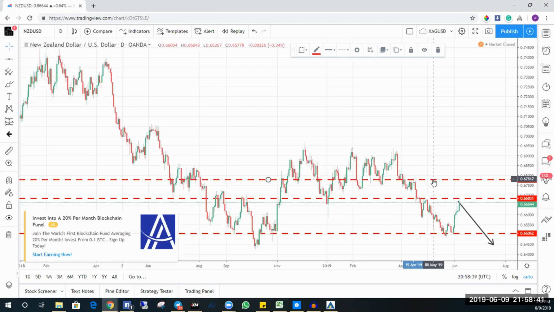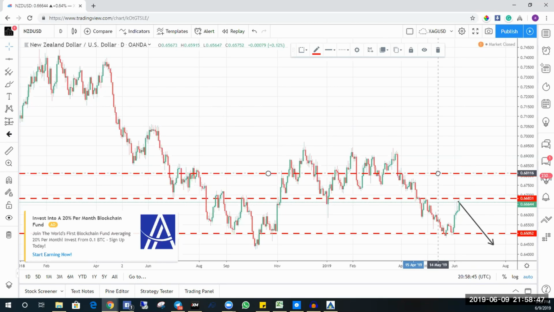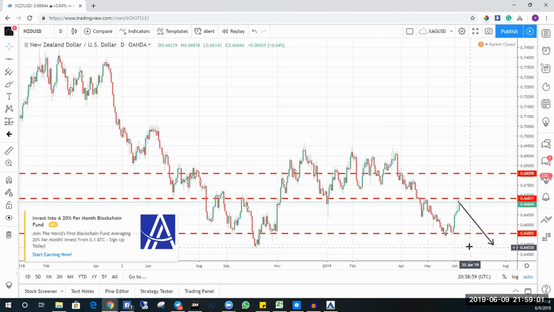To be on the safe side, even at 1 to 1, we could consider this level here. We could still see a push higher if we break above this, but our expectation definitely is for this to go down during the week. So we'll see how that plays out.